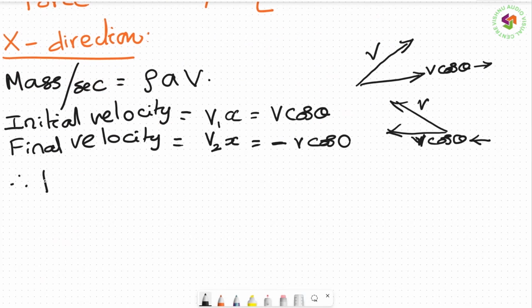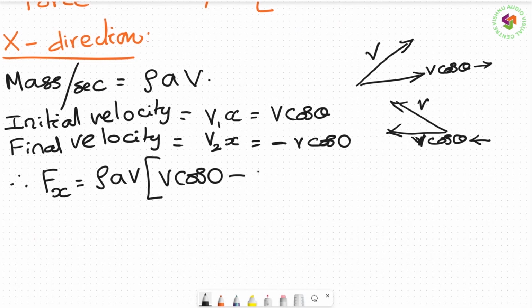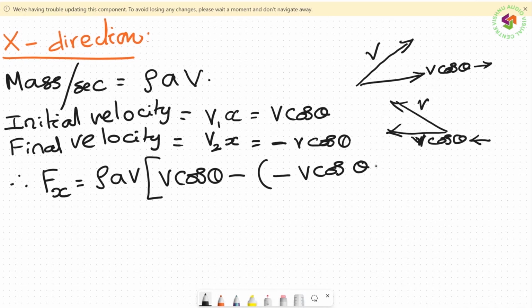Therefore, Fx is equal to rho AV, the mass per second, into V cos theta minus of minus V cos theta.